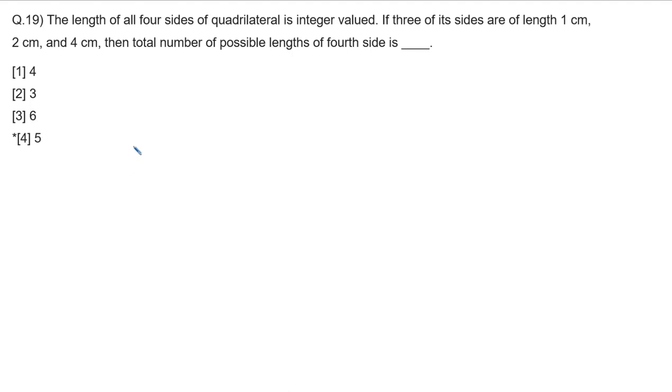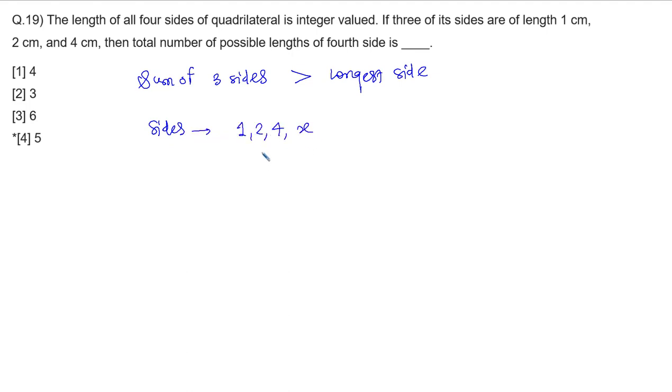The property is, in a quadrilateral, the sum of 3 sides, which are not the longest, is always greater than the longest side. So over here the sides are 1, 2, 4 and x.